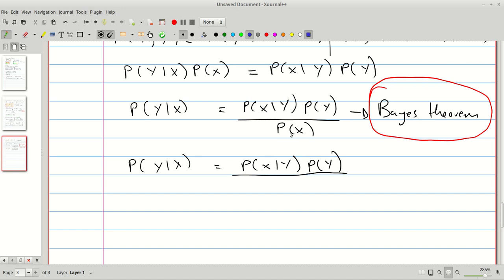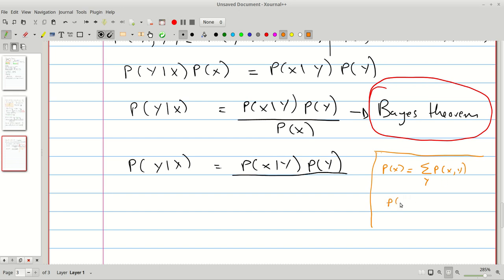What is actually the probability of x? Let me do a slight side computation here. We know the probability of x is equal to the summation over y of the probability of x comma y. How do we know that? That's the summation rule.